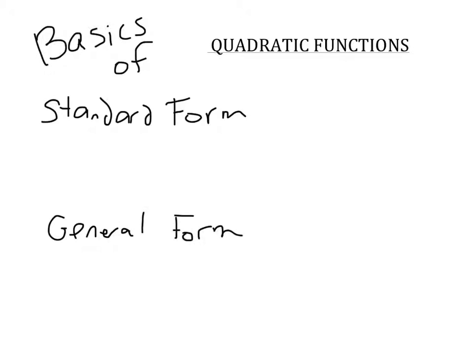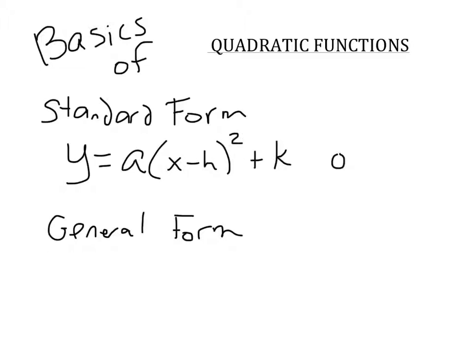So standard form looks like y equals a(x minus h) squared plus k. Or in the future, we'll be using one that looks like (x minus h) squared equals 4p(y minus k).